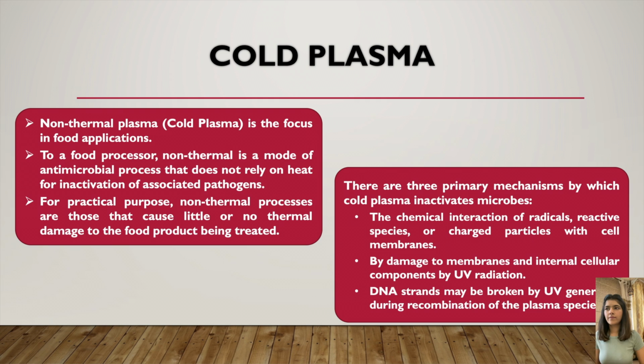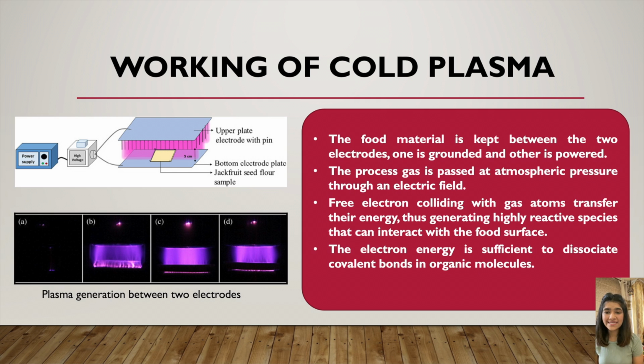Now we will understand the working of cold plasma. Here you can see that we have two electrodes. One is grounded and the other one is connected to the electrical supply. In the gap between these two electrodes, the carrier gas will be moving, and the electrodes are supplied with electric current.